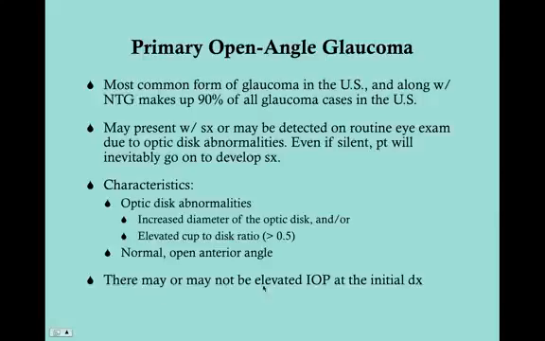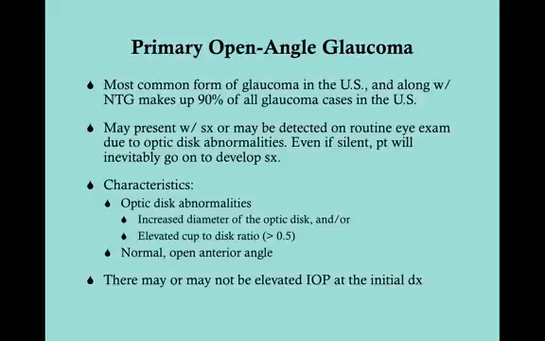So there may or may not be elevated intraocular pressure at the initial diagnosis. This is important. The USMLE will probably throw at you a patient with optic disc abnormalities. It looks just like a glaucoma patient, but their intraocular pressure is normal. That can happen. A patient with primary open angle glaucoma can have the glaucomatous changes, and might not even have visual symptoms. They just have optic disc changes.